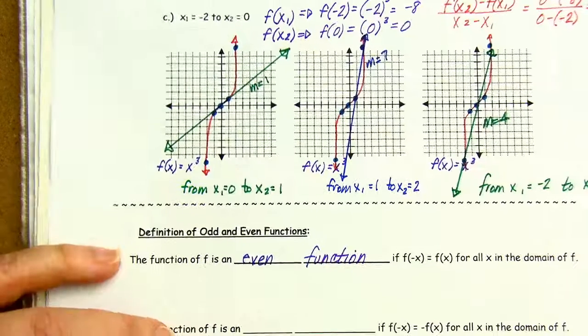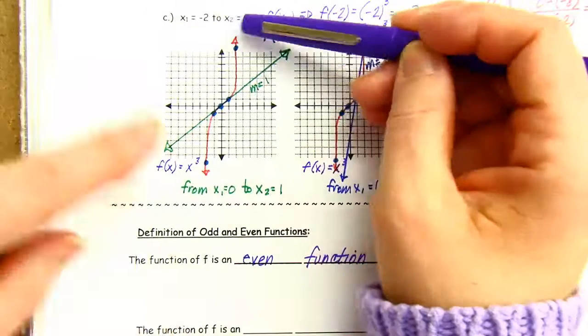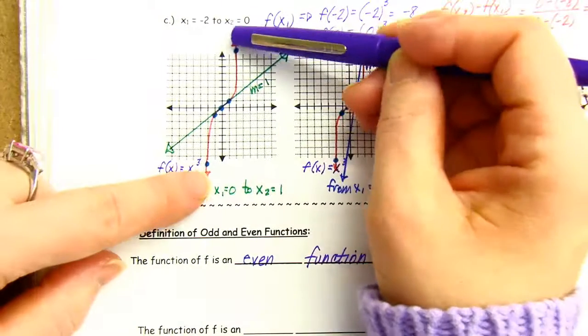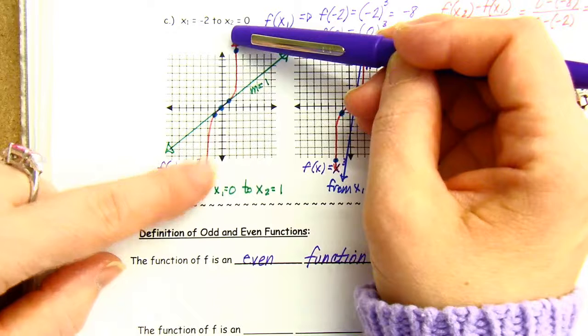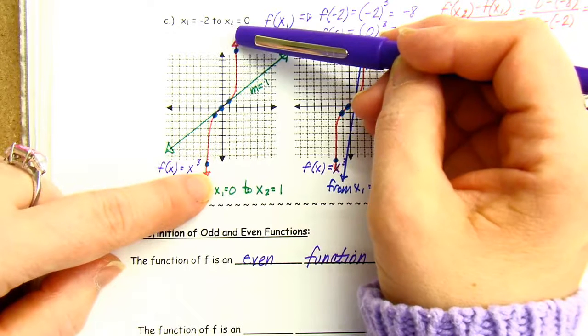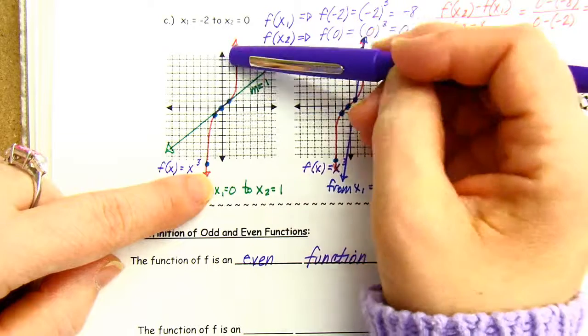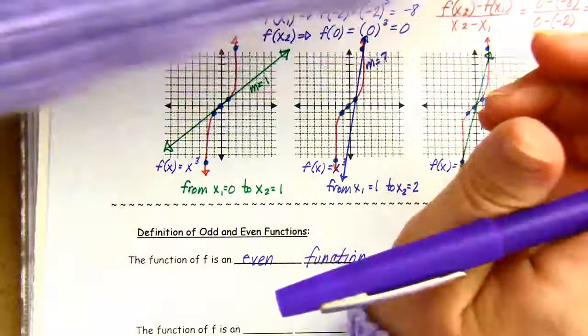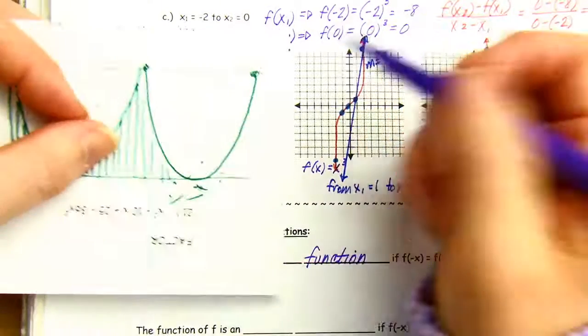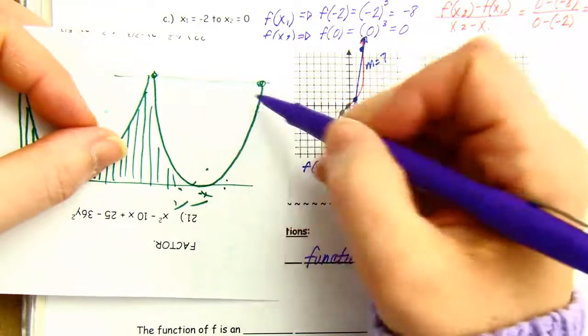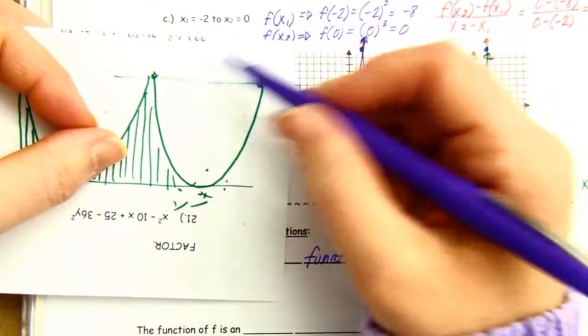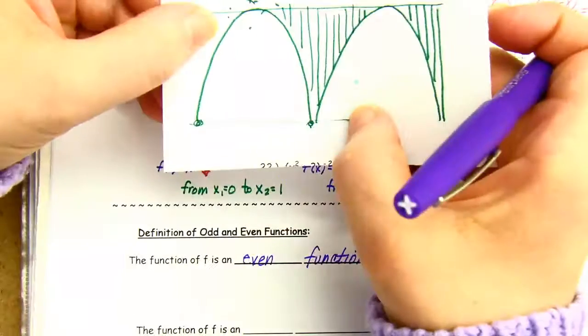So if we look here, in the cube function, the ends of the graph are going in opposite directions. We're falling on the left and we're rising on the right. If you think of a parabola, which has this shape, the ends of the graph go in the same direction, either both up or both down, okay?